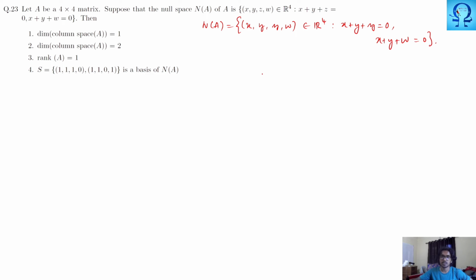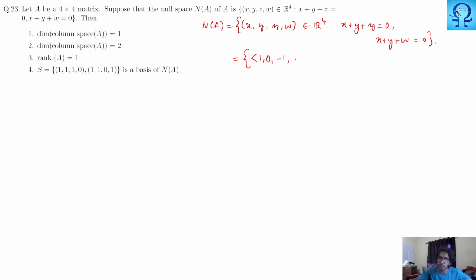These are the conditions. Here if you just see, we can write this as a set spanned by a different set of elements, for which you put x is equal to 1 and y is equal to 0 in it. When I put x is equal to 1 and y is equal to 0, I would get z is equal to minus 1, right?